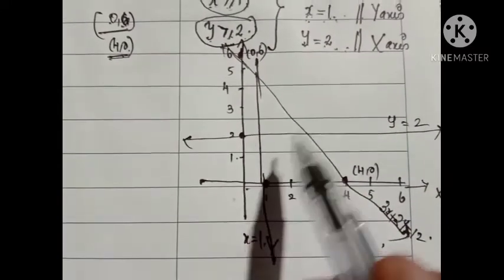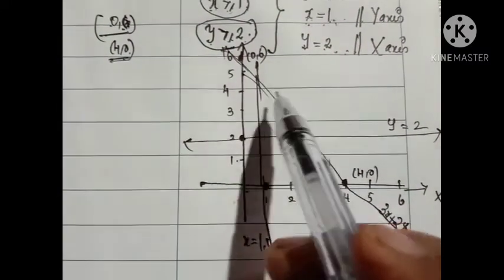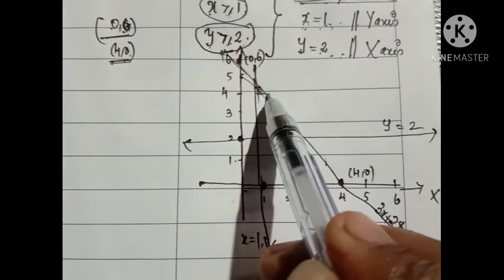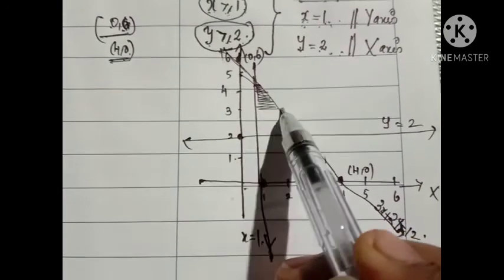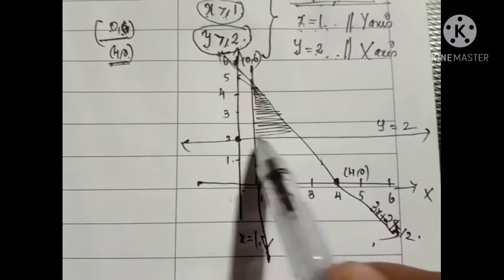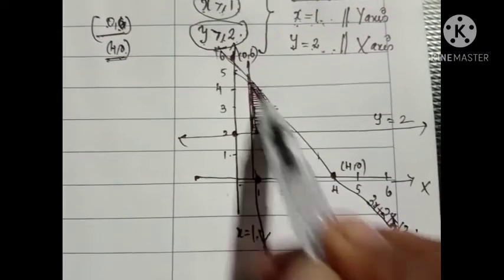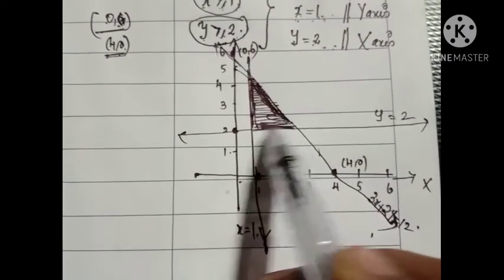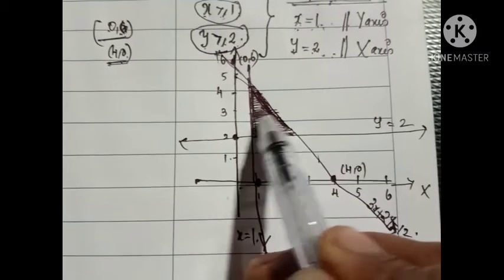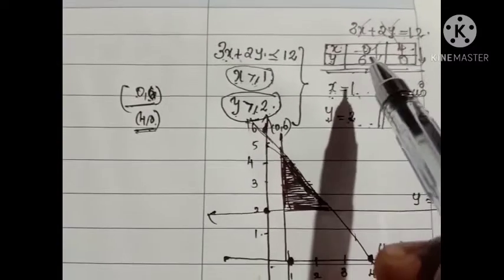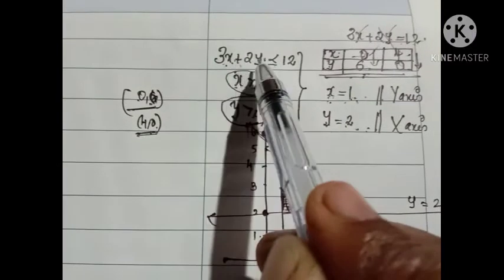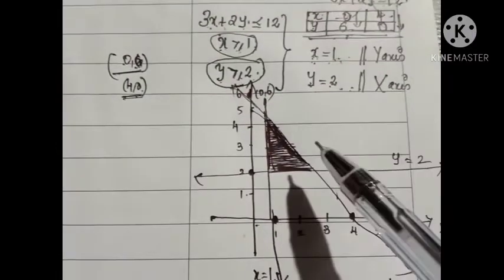So, you can see these three straight lines. There is a common region for these three lines, which we can shade. Otherwise, listen. The first inequality is 3x plus 2y less than or equal to 12.